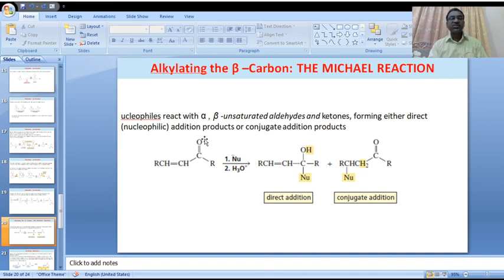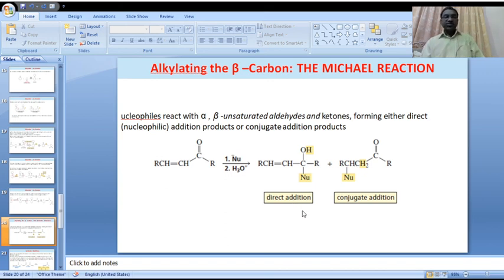That negative charged oxygen abstracts hydrogen from acid or water and is converted to a hydroxyl group, and the nucleophile is attached at that carbonyl carbon. This compound is called the direct addition product.